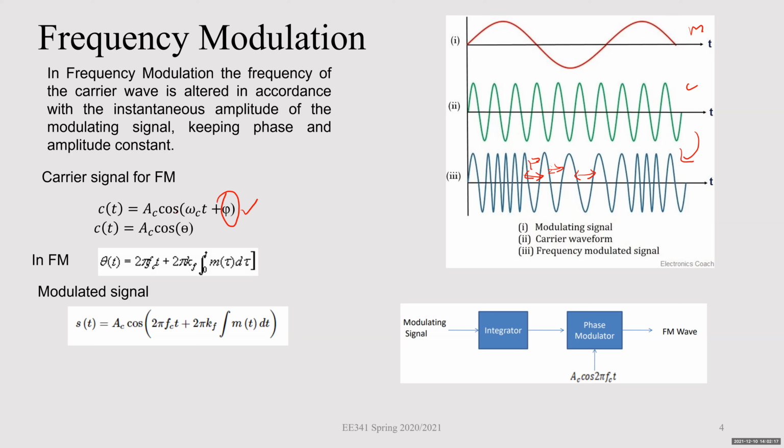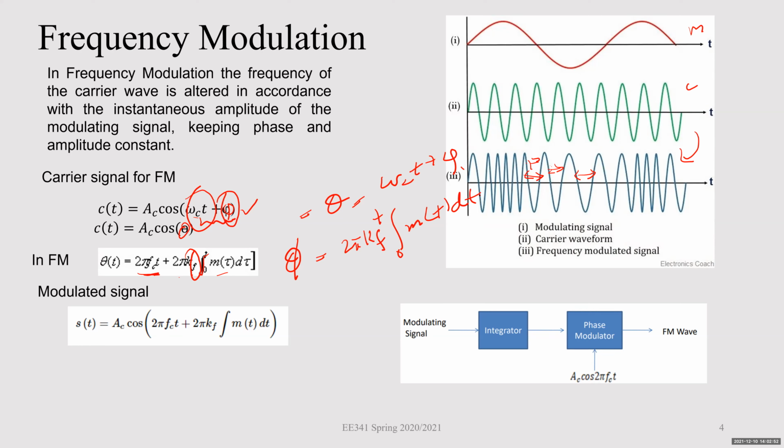So if you consider omega c t plus phi equals theta, which is equal to omega c t plus phi, then you can write theta equals 2 pi fc t plus phi, where phi is equal to 2 pi kf, where kf is a constant, times the integral from 0 to t of m of t. So phi is equal to 2 pi kf times the integral from 0 to t of m of t dt.